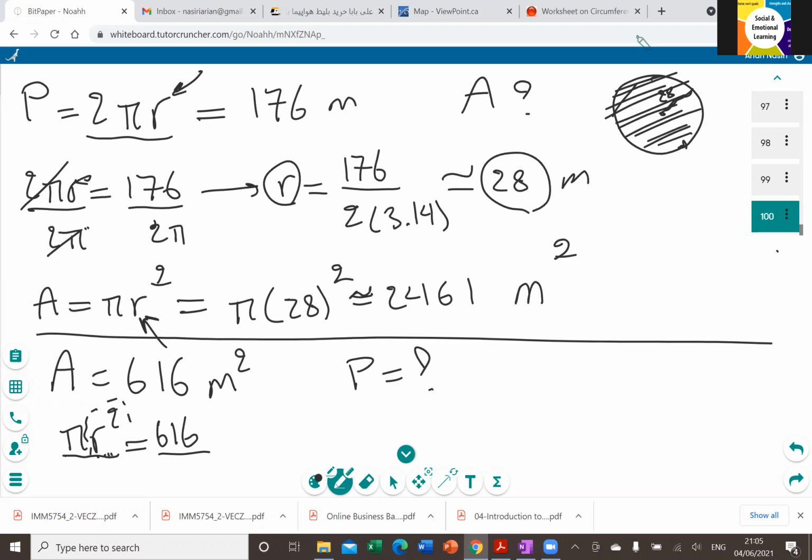Should I divide by pi first, both sides of the equation? Okay, yeah, divide by pi. Very good, because I want to get the one that I circled isolated first, right? So if I divide both sides, then I get r squared equals, well, what is 616 divided by pi?